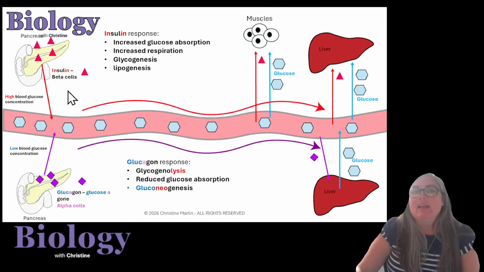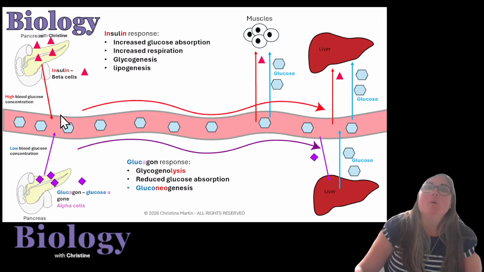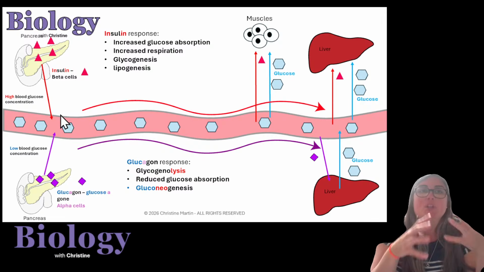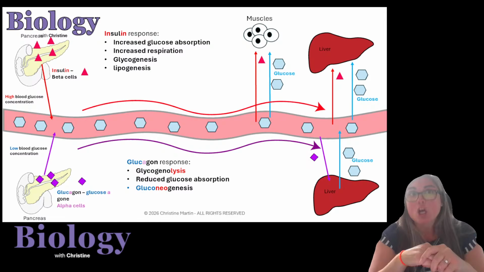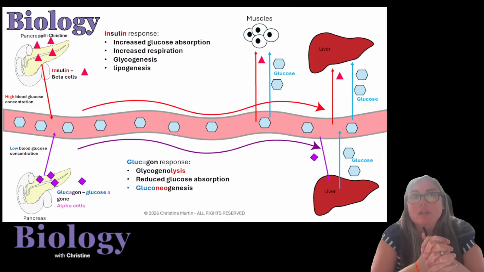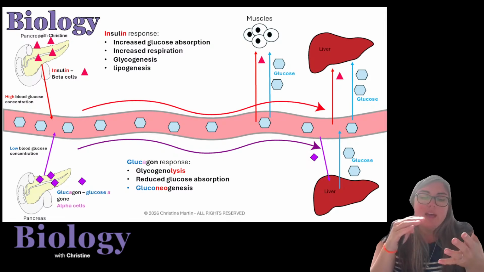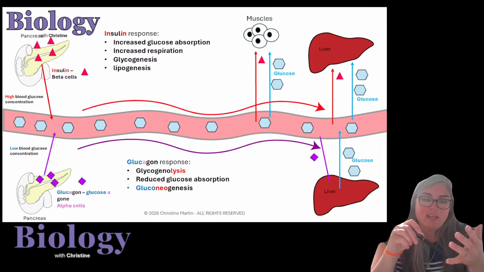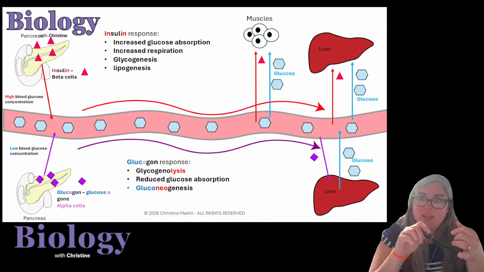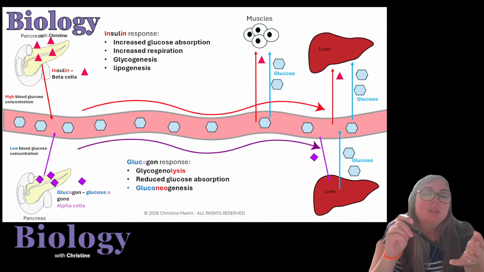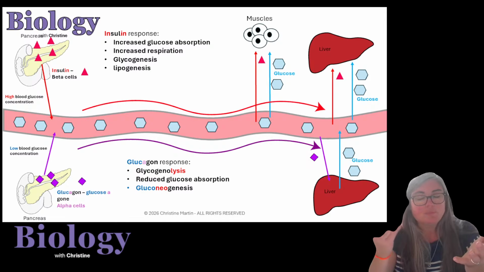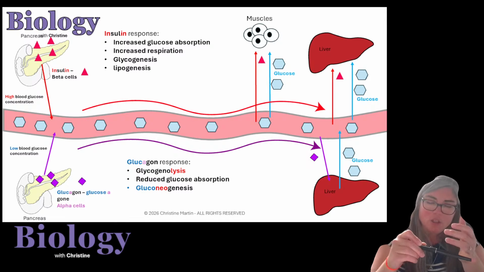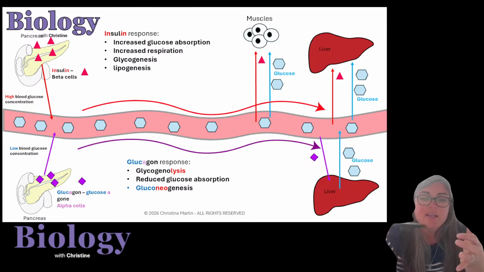And if we go back then to our glucose and we talk about our insulin and our other hormone, which is glucagon, we know that we have got homeostasis. We need to keep our blood sugar levels at the right level because of the respiration. We need glucose as a respiratory substrate of choice.